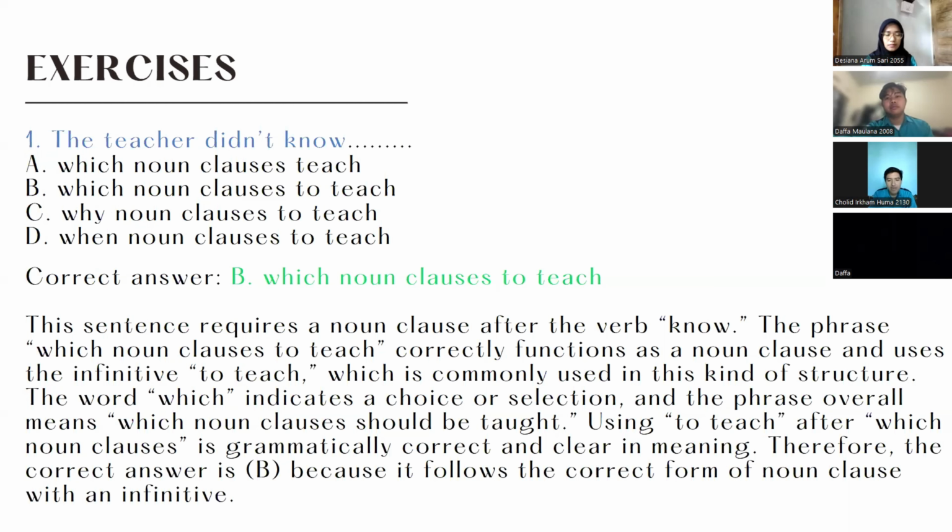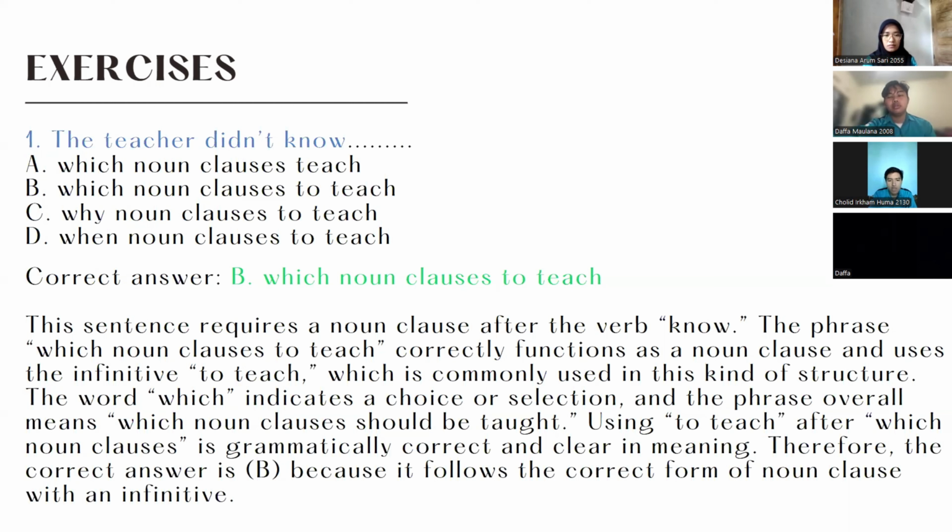This sentence requires a noun clause after the verb know. The phrase "which noun clause to teach" correctly functions as a noun clause and uses the infinitive "to teach," which is commonly used in this kind of structure.